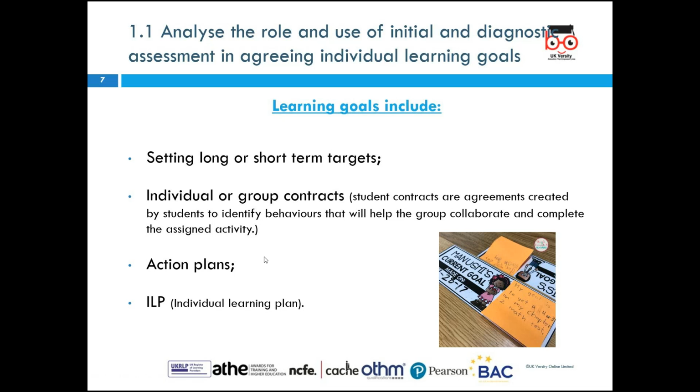Now, I've not come across these for younger students, so I'm presuming that these are for the older ones within a school setting. It's where students will make agreements and say, okay, we're a team, we're going to be working together on one project, and this is what our tasks are, and they'll set things out for themselves.